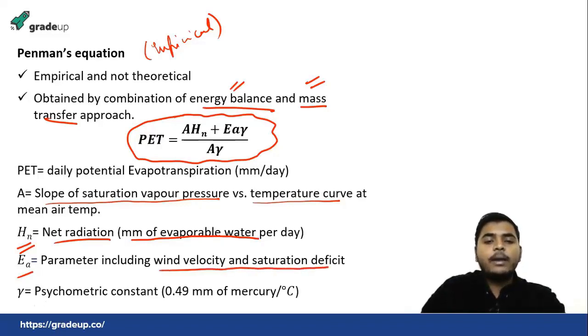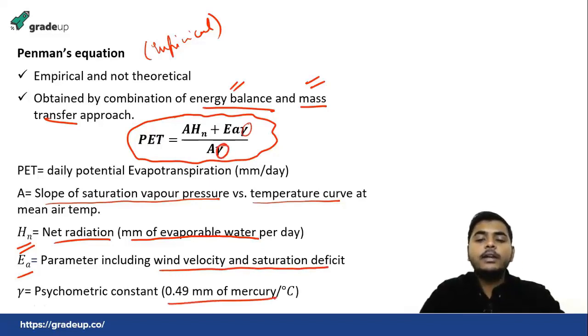And gamma is the psychrometric constant, considered as 0.49 millimeter of mercury per degree Celsius. You don't have to remember this formula, because it is generally not asked directly in the question, but just have an overview of what factors it depends on.